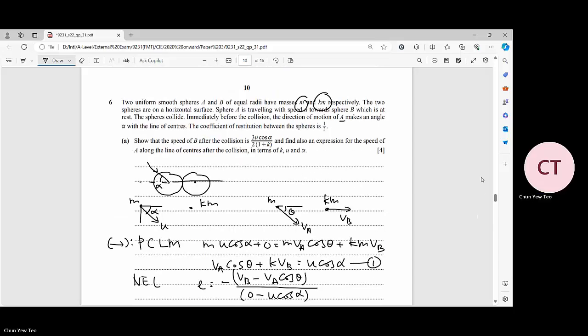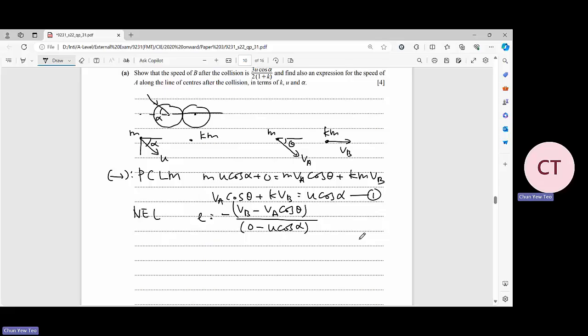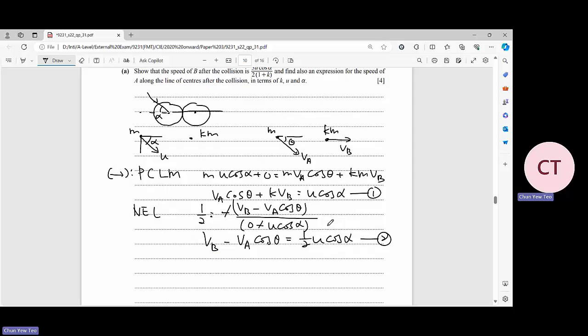Then they give you e is a half, so I just directly change the e here to half. The negative and the negative here cancel. I get vb minus va cos theta is equal to half u cos alpha. I have this one as equation 2.